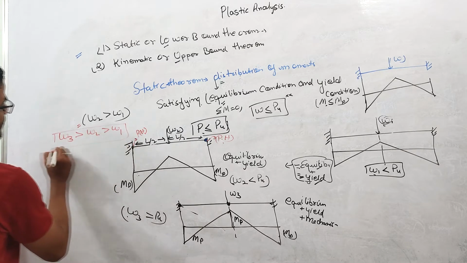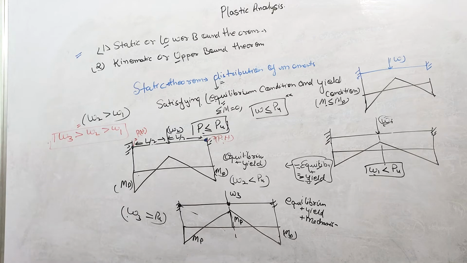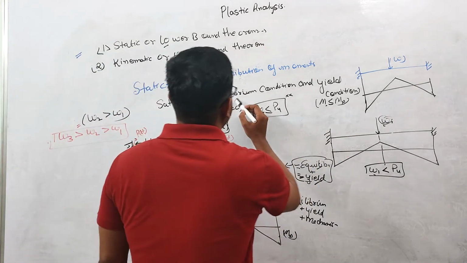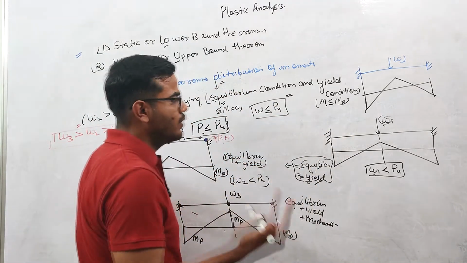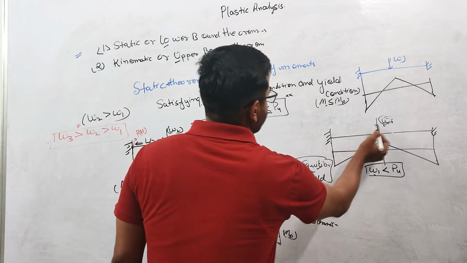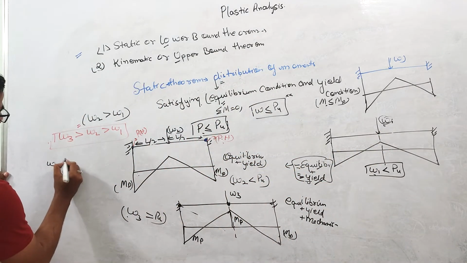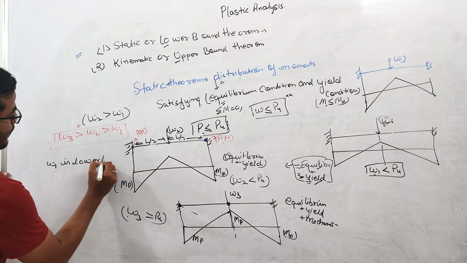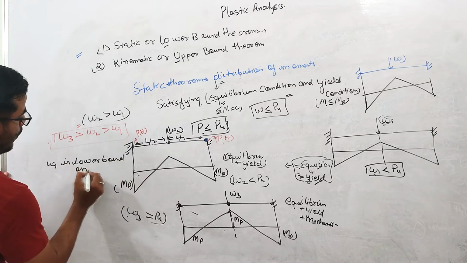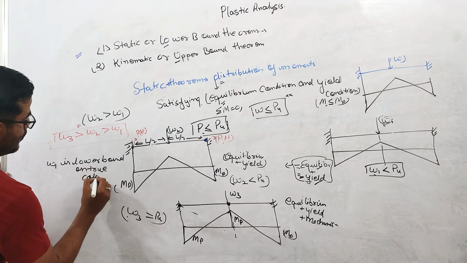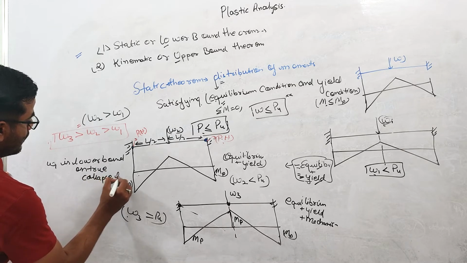Okay. So in static theorem or lower bound theorem, you can see that the load which we are getting is a lower bound on the true collapse load. Okay. Because this W1 is satisfying these two conditions, equilibrium plus yield condition, but it is not causing any collapse, right? So this W1 is a lower bound on the true collapse load.